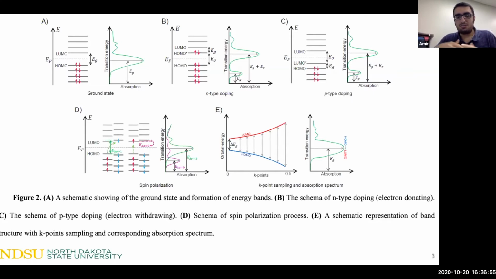As we know from the band theory, there is a difference between the highest occupied orbital and the lowest unoccupied orbital, HOMO and LUMO.